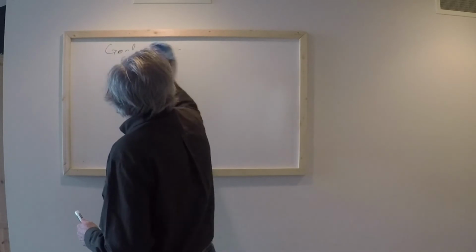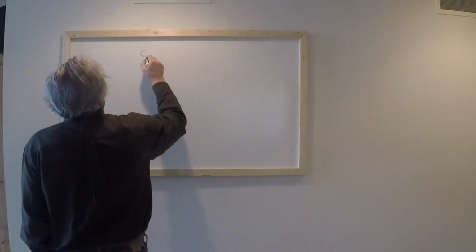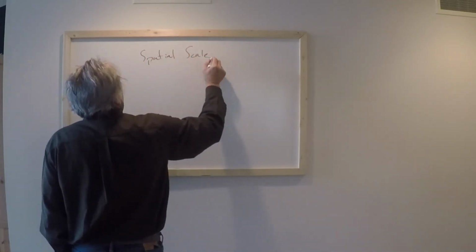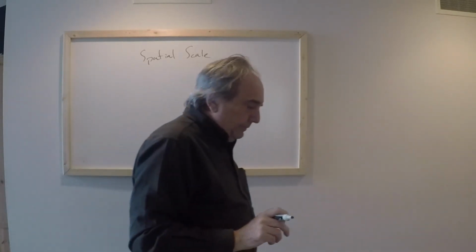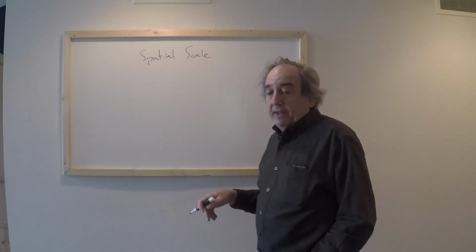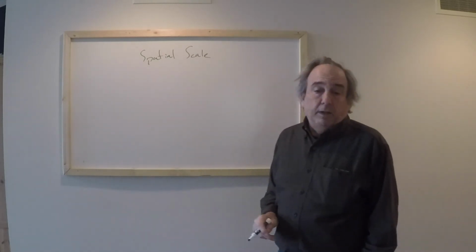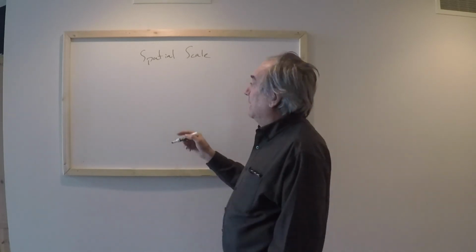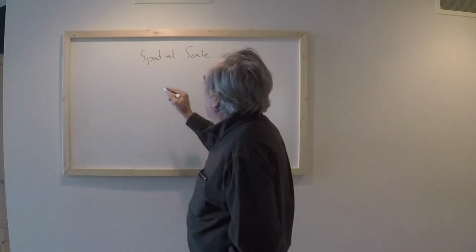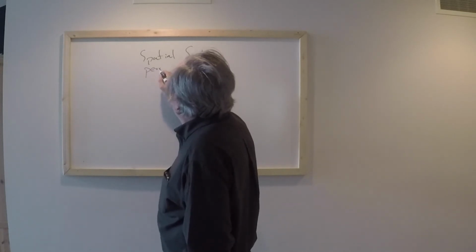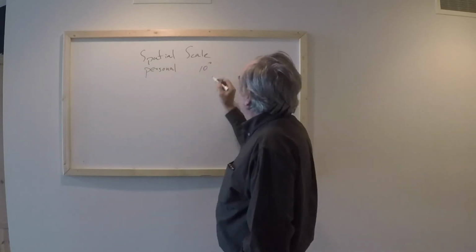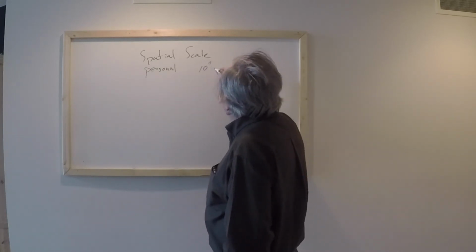And then spatial scale. Let's do spatial scales really quickly, and then we'll make another one. Spatial scale. I think of my personal space in the scale of meters. I'm going to use metric because that's so. But yeah, you all can do it. So personal space is on the order of 10 to the 0 meters.